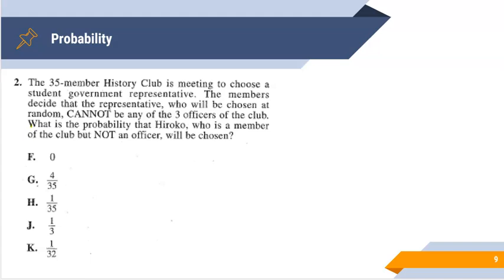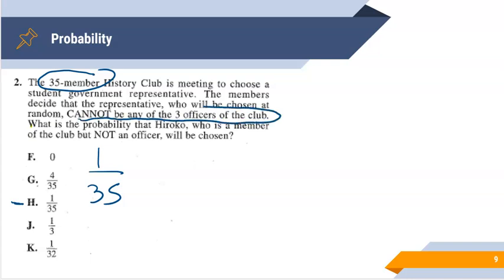Okay, this one's kind of interesting, right? And I'm going to go through some mistakes first. You might just read it quickly and say, okay, there's 35 members, so we're picking 1 out of 35. The answer would be H. That's really not correct because we're told that it cannot be any of the 3 officers in the club.